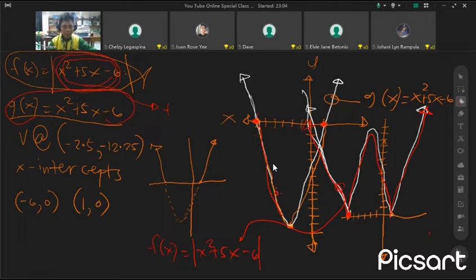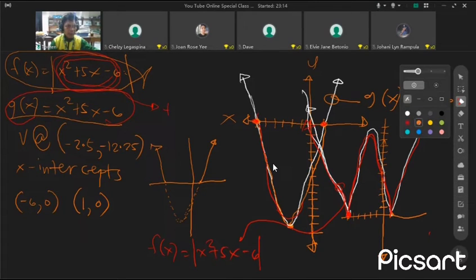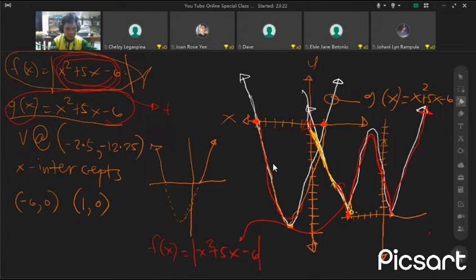That is why the negative area of the graph is transferred here to the positive area. And that's the reason why our graph looks like this. Looks like this.